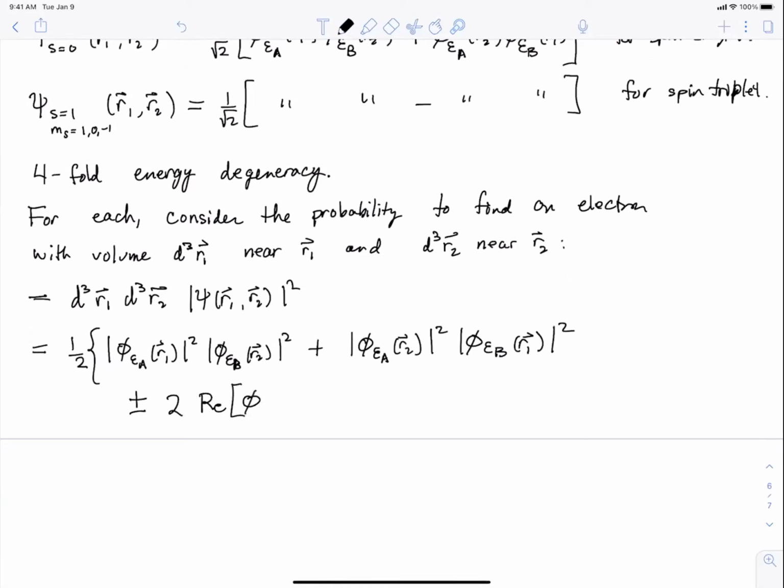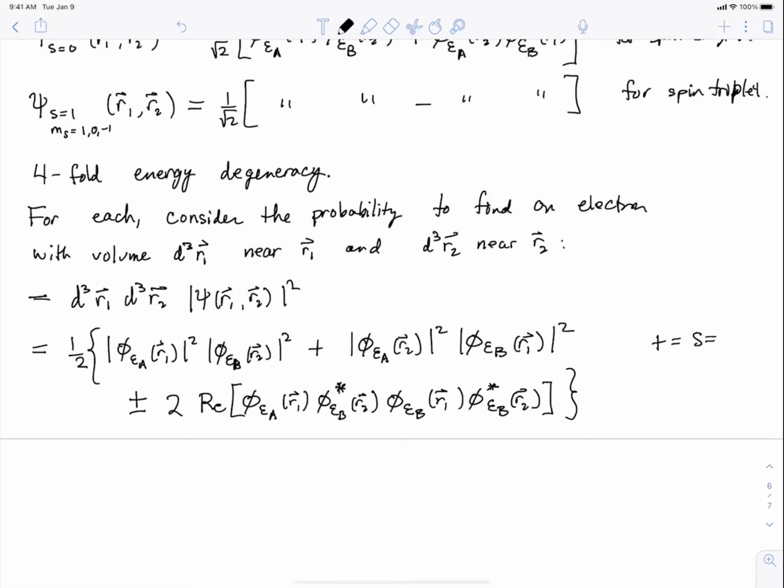And the cross term is phi for EA of r1, phi for EB of r2, but that one's complex conjugated, multiplied by phi for EB, r1, phi for EA, r2, again, complex conjugated. Okay, and plus means total spin is 0, minus means total spin is 1.